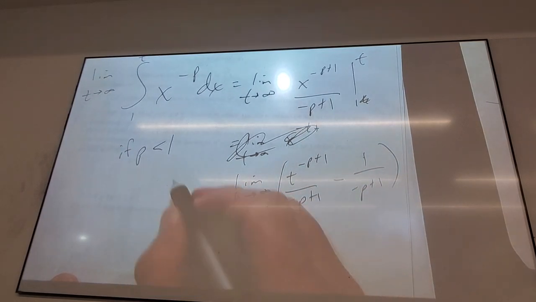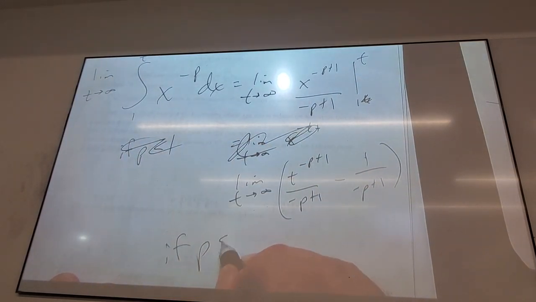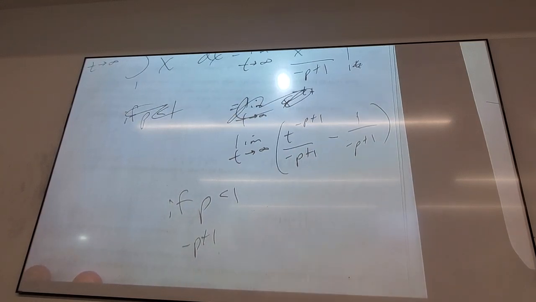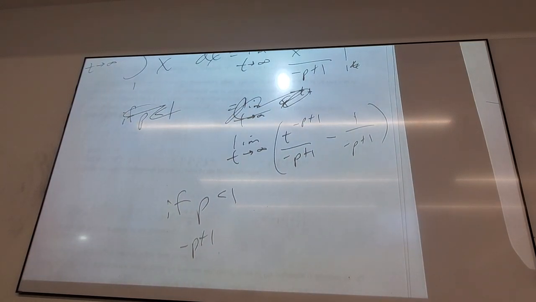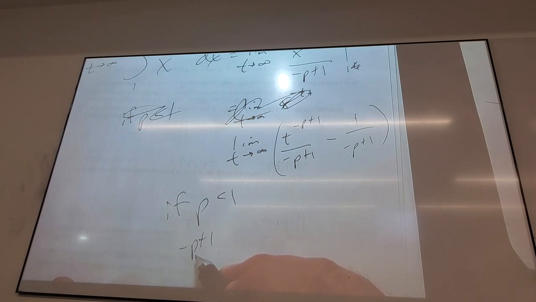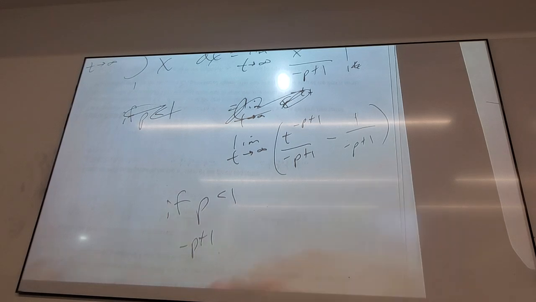Now, if p is less than 1, what's true about negative p plus 1? P is less than 1, so give me a number less than 1. Yeah, negative 1, right?